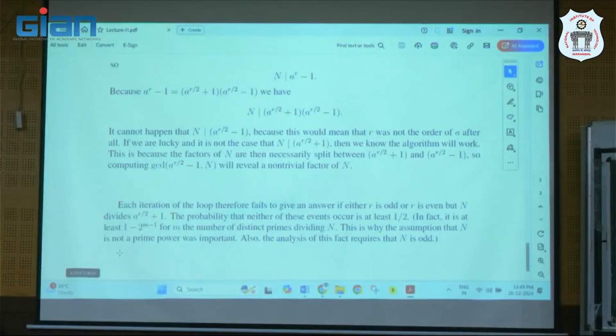But you see the connection? Order finding has that cyclicity property. Simon's problem also, that periodicity of s is there, correct?